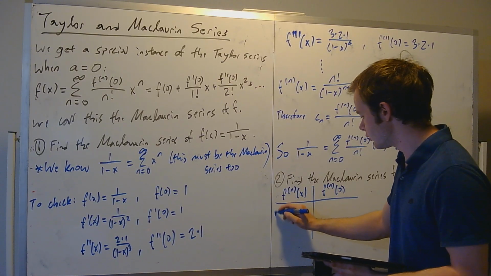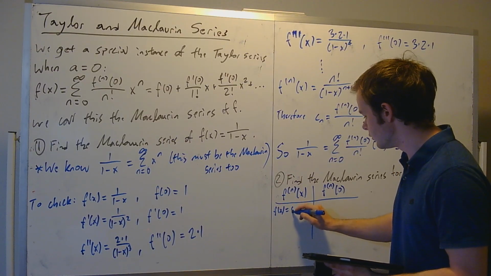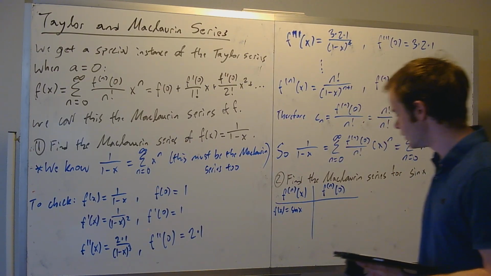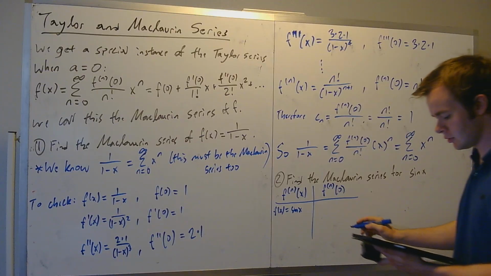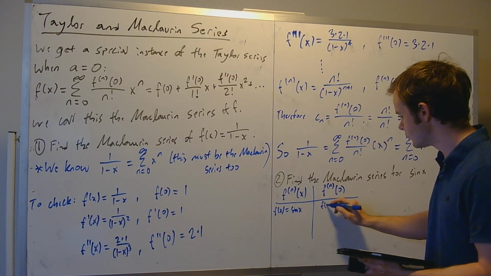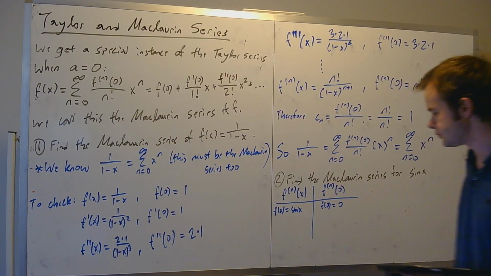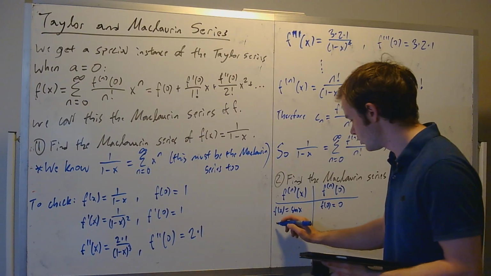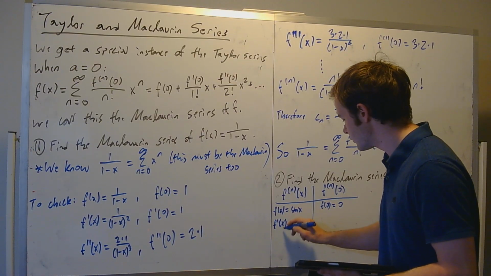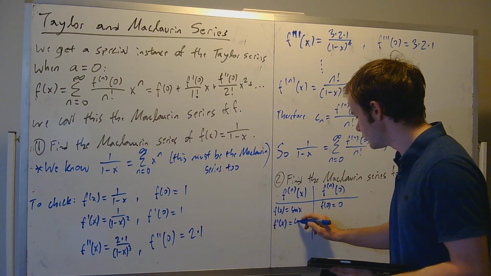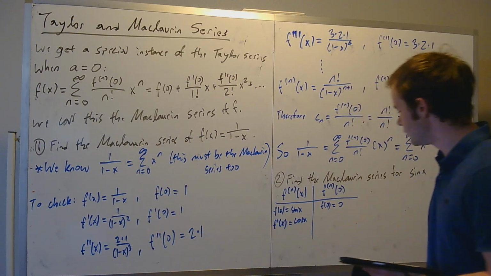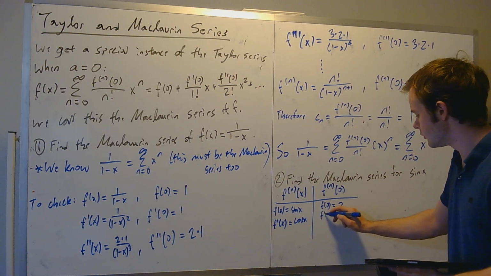So we're just going to plug in 0 for whatever we get on the left-hand side. So let's say here, first we have f of x equals sine x. Okay, and now if we plug in 0 here, then f of 0 is 0. Now let's take the derivative, f prime of x. So the derivative of sine is cosine. And now we plug in 0, so f prime of 0 is 1.